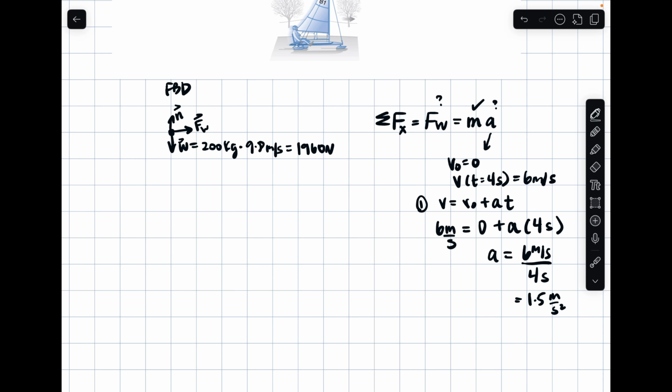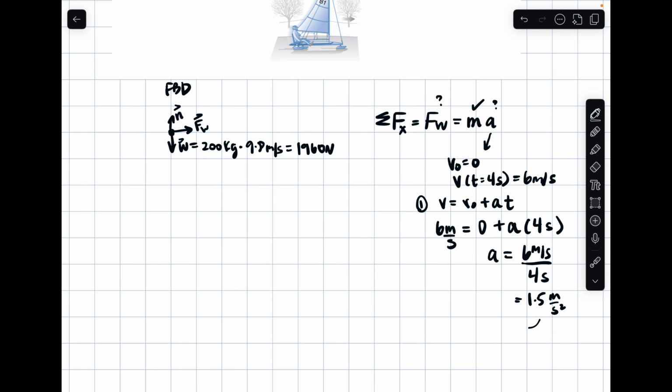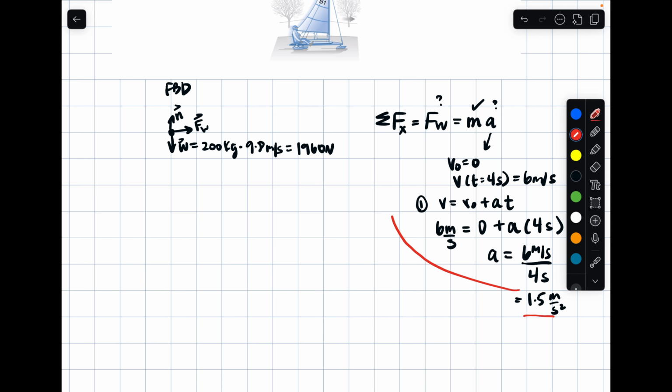So now that we know that, we can use it to solve for our unknown, which is the force of the wind. So we're going to take this acceleration and insert it into here and solve for FW.